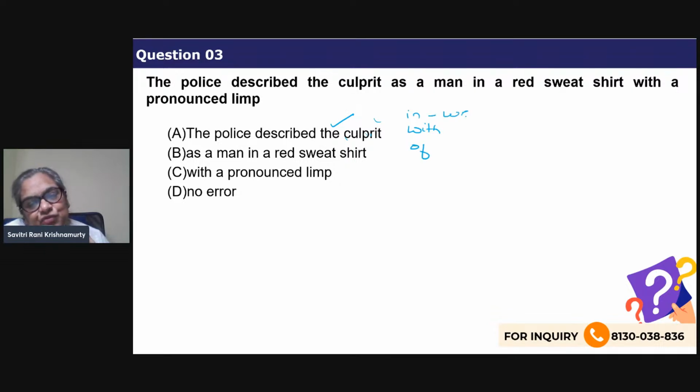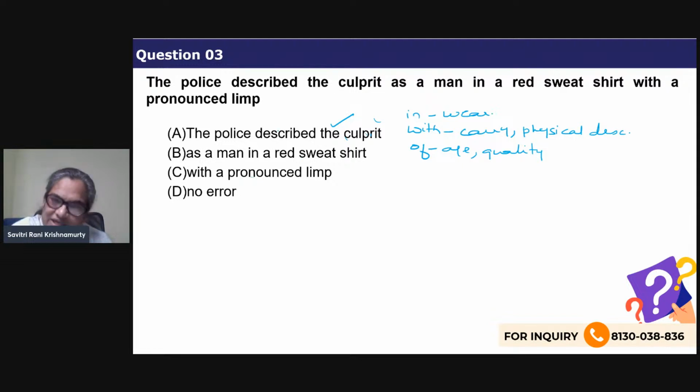In is used for anything you wear. With is used for anything you carry or for any kind of physical description, and of is used to describe either age or quality. So now, a man in a red t-shirt is correct.